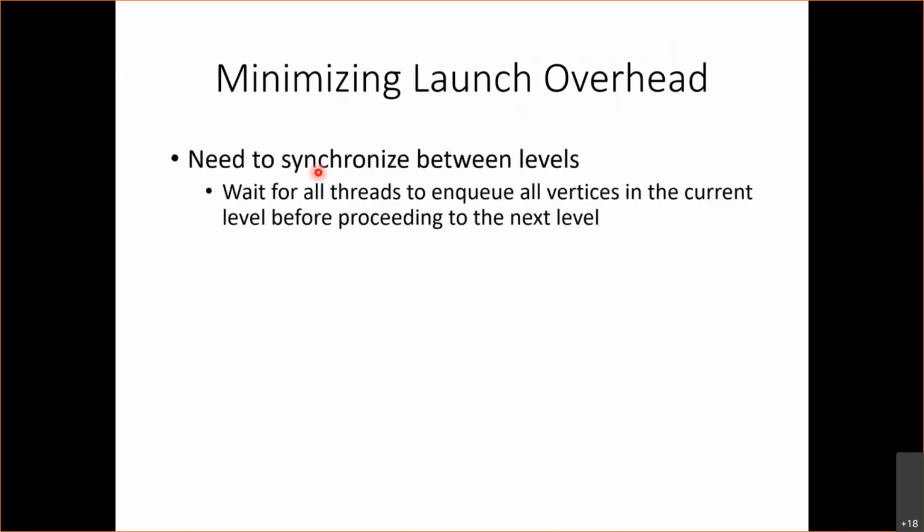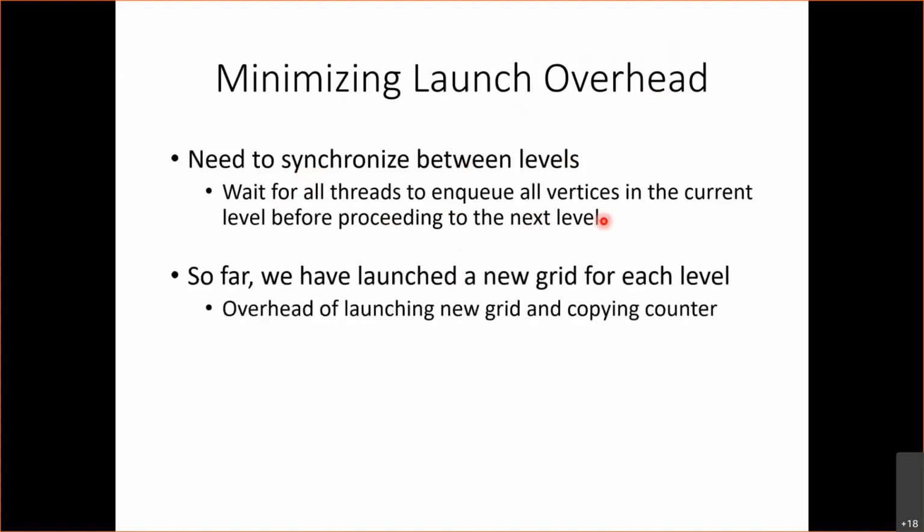We've seen that we need to synchronize between levels because we need to wait for all threads to enqueue all the vertices of the current level before proceeding to the next level. So far, to synchronize between levels we've launched a new grid for each level. The overhead of launching a new grid comes from the actual launch, and also from copying this counter to figure out whether we are done or not.